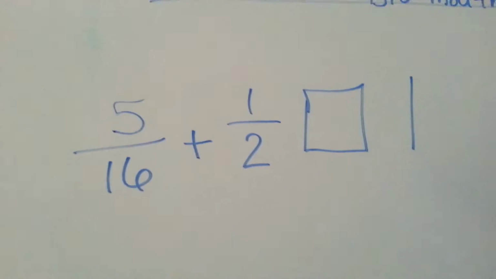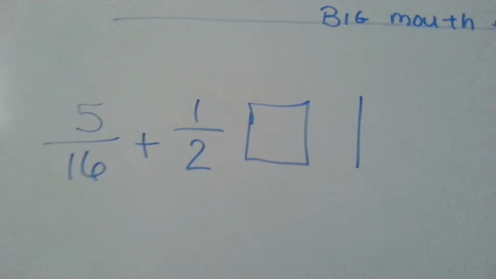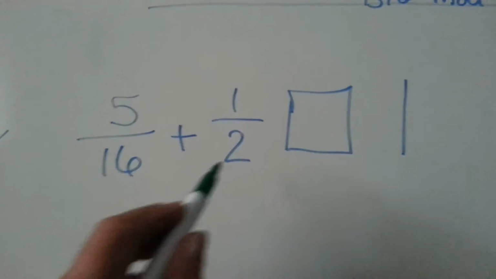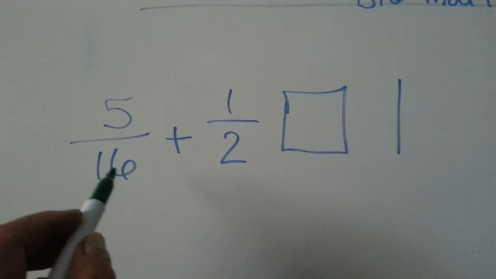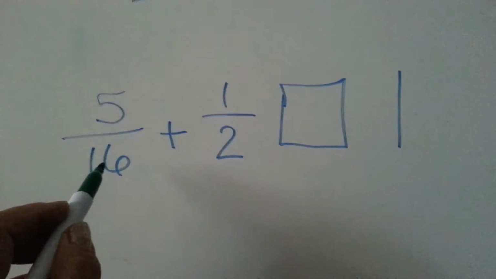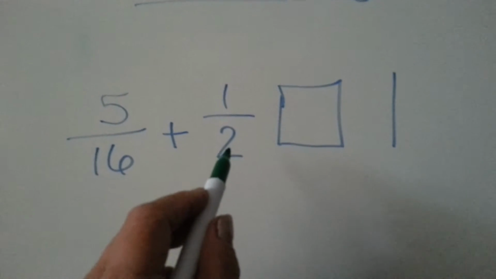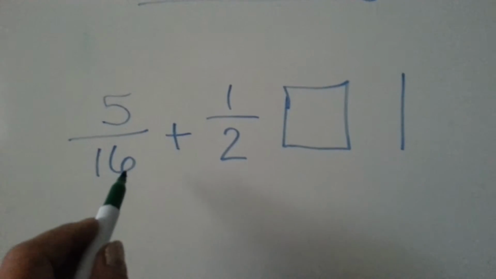If you've got 5/16 plus 1/2, and you need to know if it's less than, greater than, or equal to 1, the first thing you're going to have to do is make these fractions similar. So we can't make 5/16 any smaller with a denominator of 2, but we can make the 2 bigger. What does 2 get multiplied by to become 16?